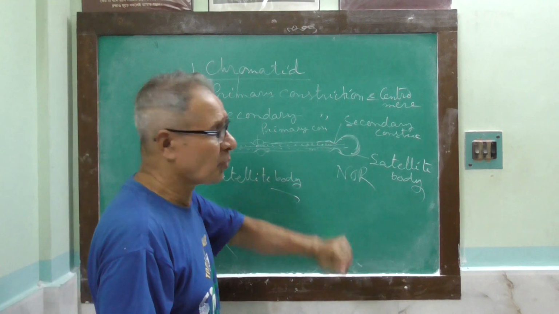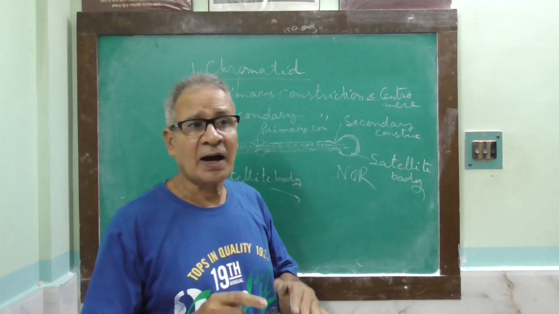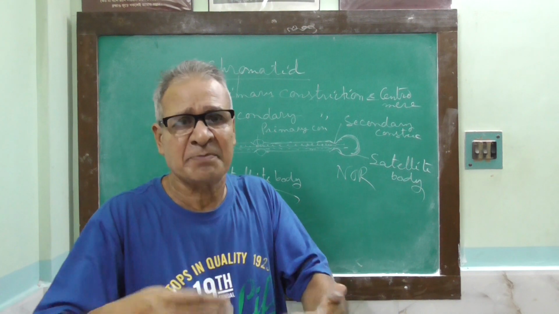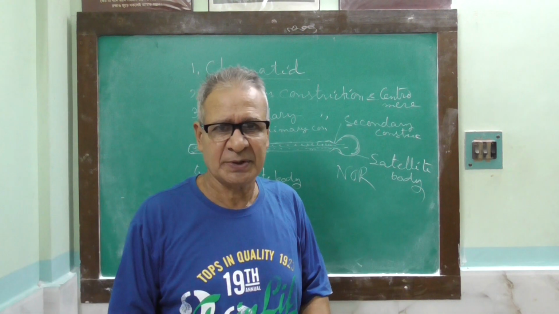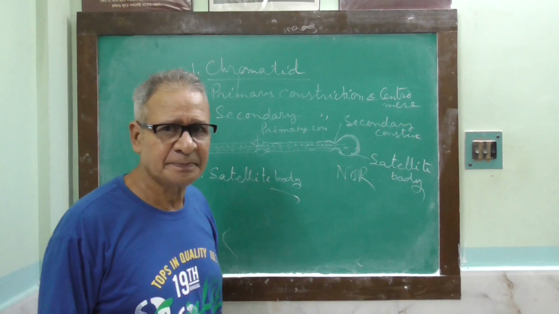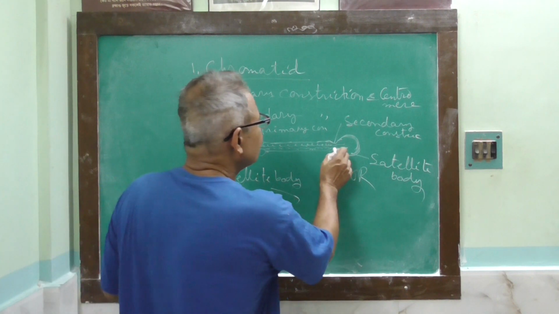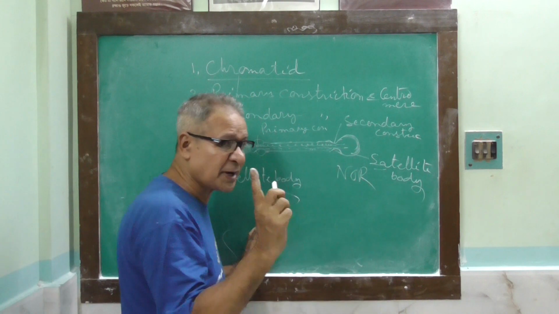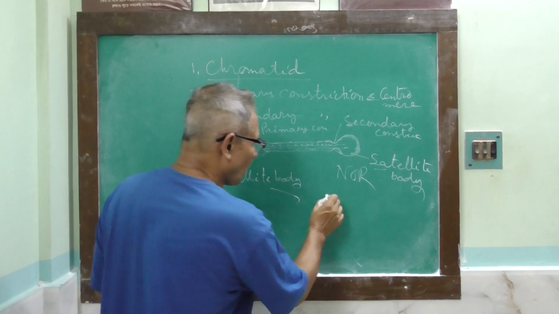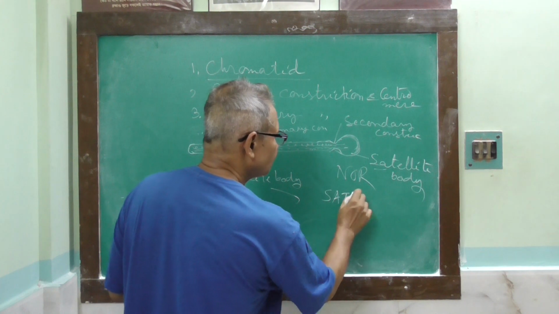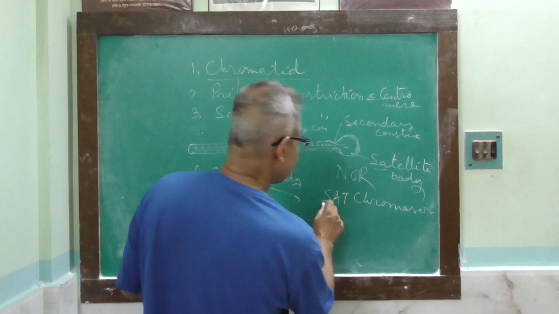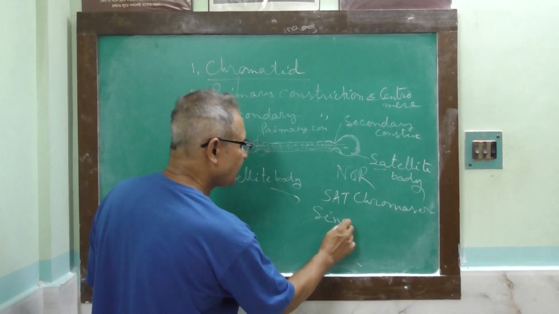In the satellite body region, the same nucleotide sequence is arranged in a repeated manner, and so it is inactive. When the satellite body is present, the chromosome is known as a SAT chromosome.